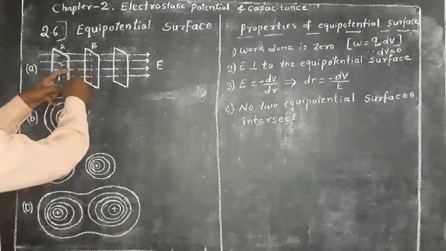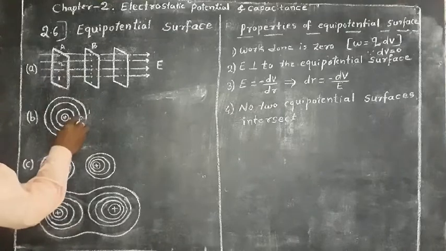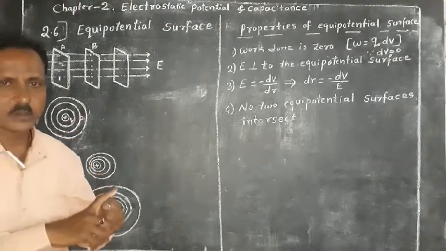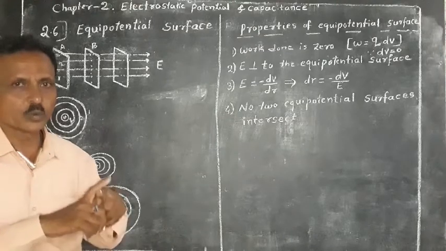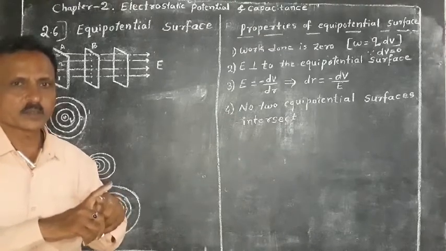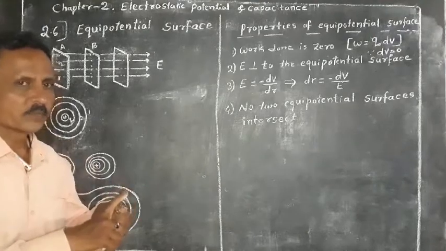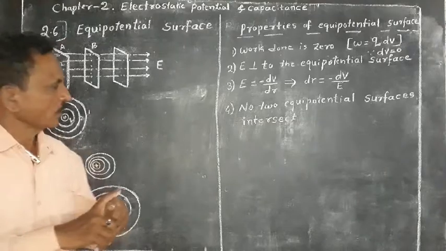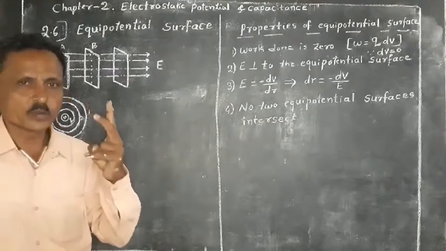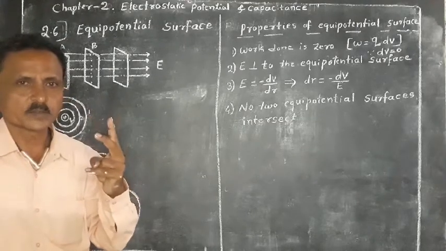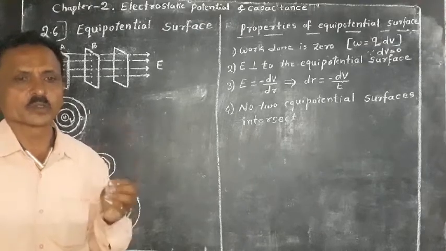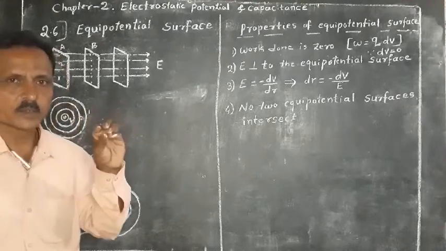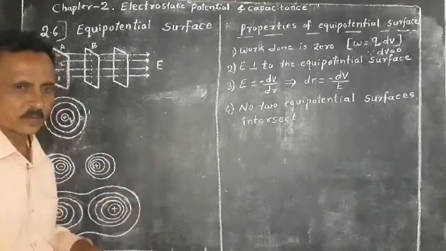These two surfaces, surface 1 and surface 2, do not intersect, because if two equipotential surfaces intersect, then at the point of intersection there would be two values of potential, and it is not possible. Therefore, no two equipotential surfaces intersect.